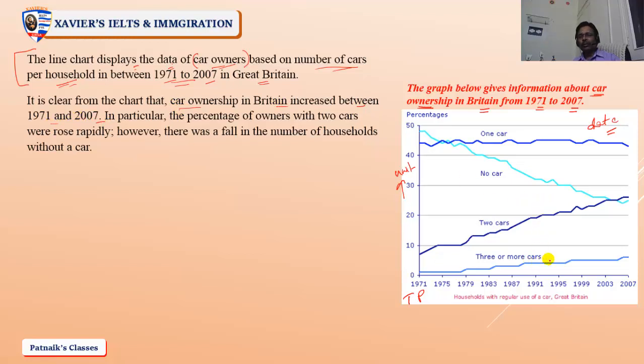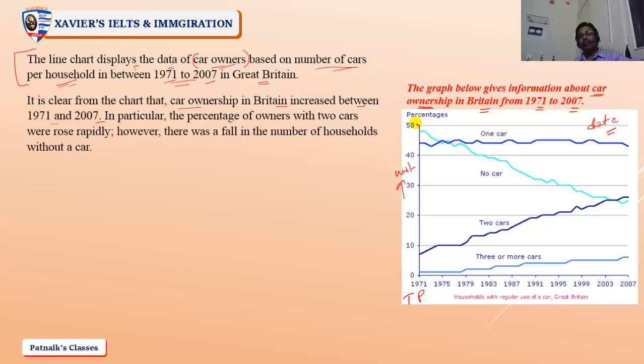See, almost all the lines are showing an increase towards 2007. Even the percentage of owners without cars reduced, which means there is an increase in the ownership of cars.